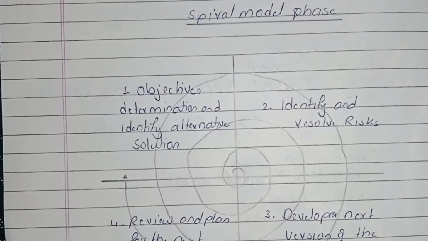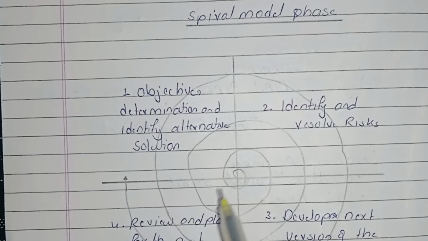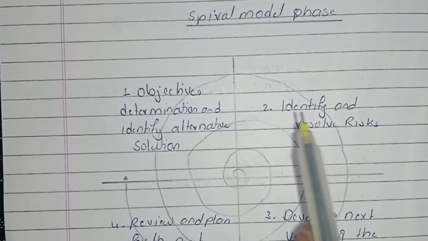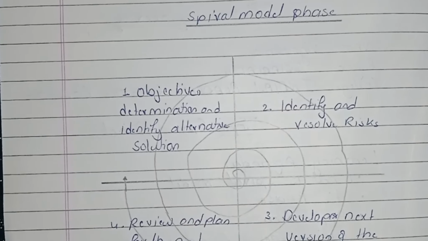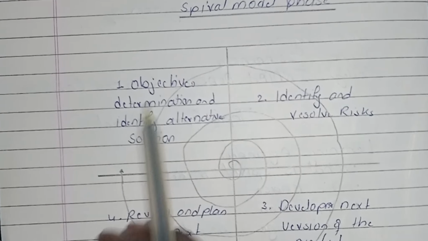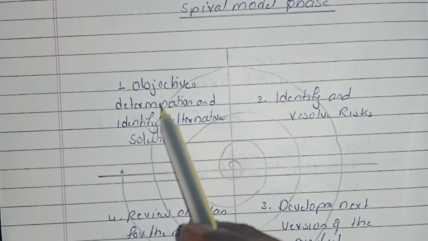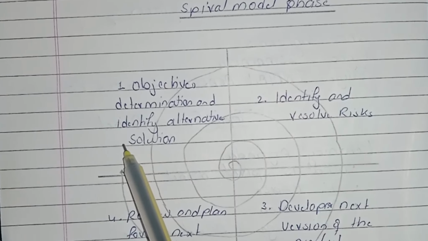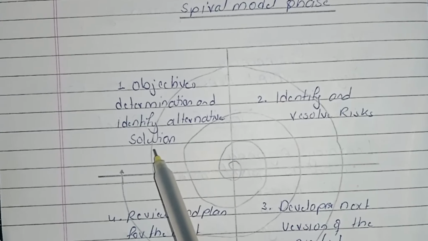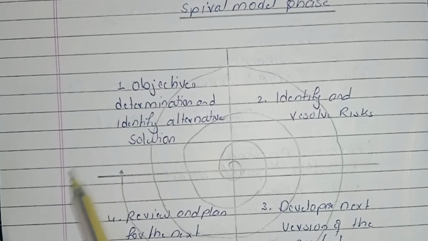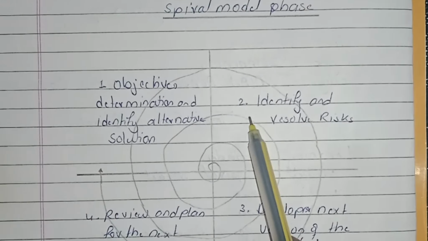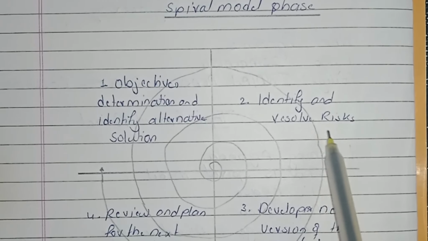Okay, next, let us move on to the phases of the spiral model. The spiral model has four phases. The first phase is objective determination and identifying alternative solutions. The second is to identify and resolve the risks.